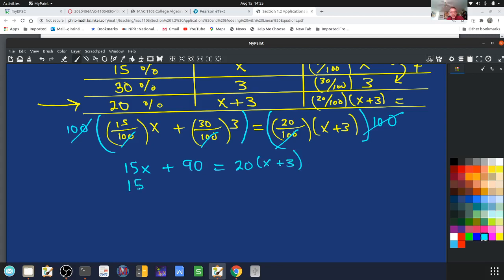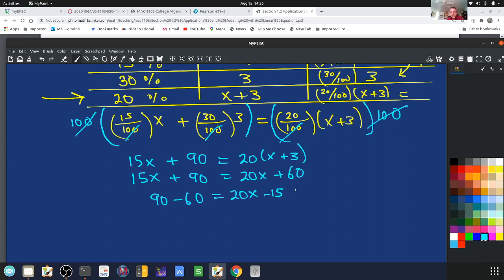Again, 15x plus 90 is equal to 20x plus 60. Moving the 60 to the left-hand side and changing its sign. Moving the 15x to the right-hand side and changing its sign. 90 minus 60 is 30. And 20x minus 15x is 5x.